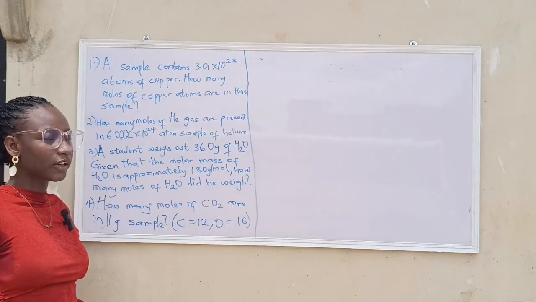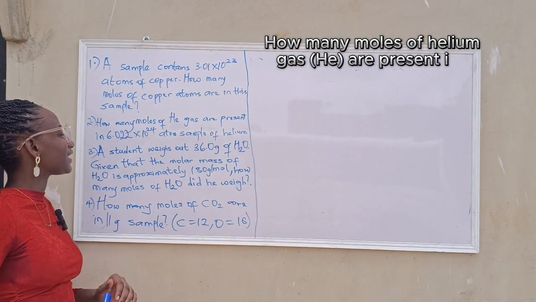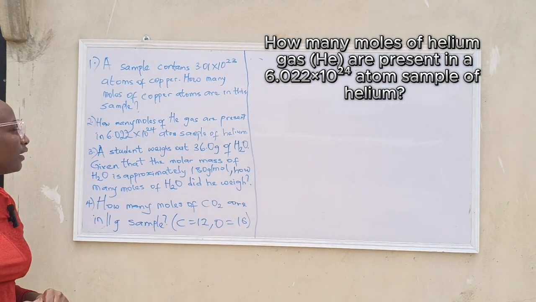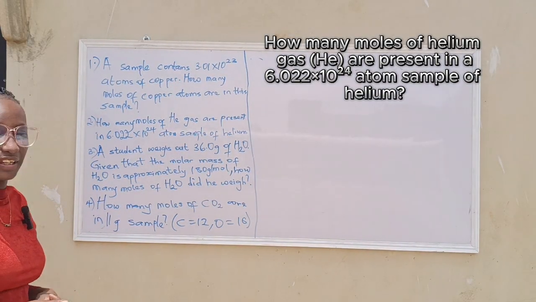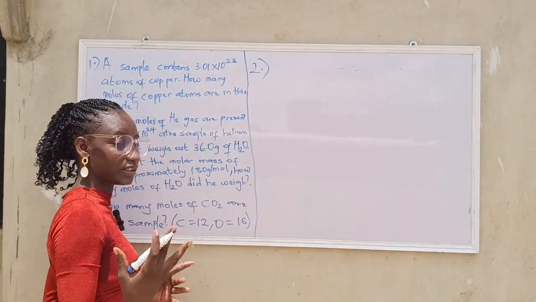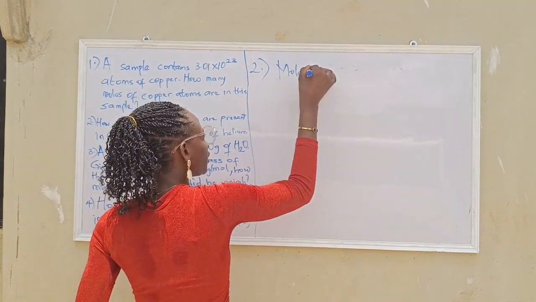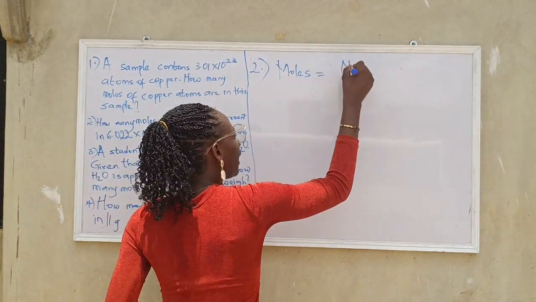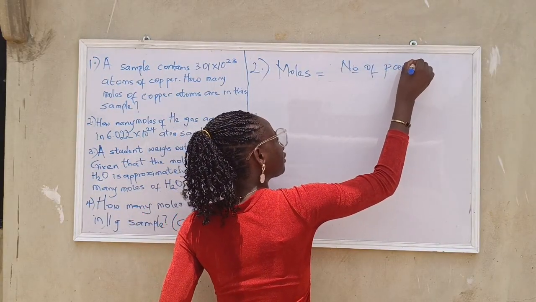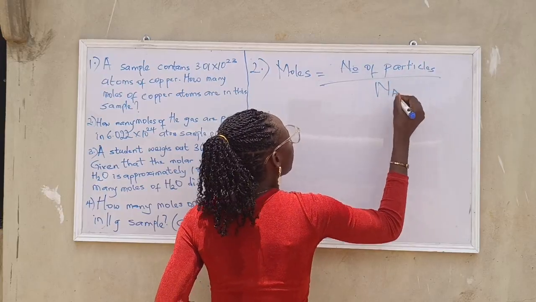Now let's solve the second question. It says, how many moles of helium gas are present in a 6.022 times 10 raised to the power 24 atom sample of helium? We also know the formula we are going to use: moles is equal to number of particles over Avogadro's number.